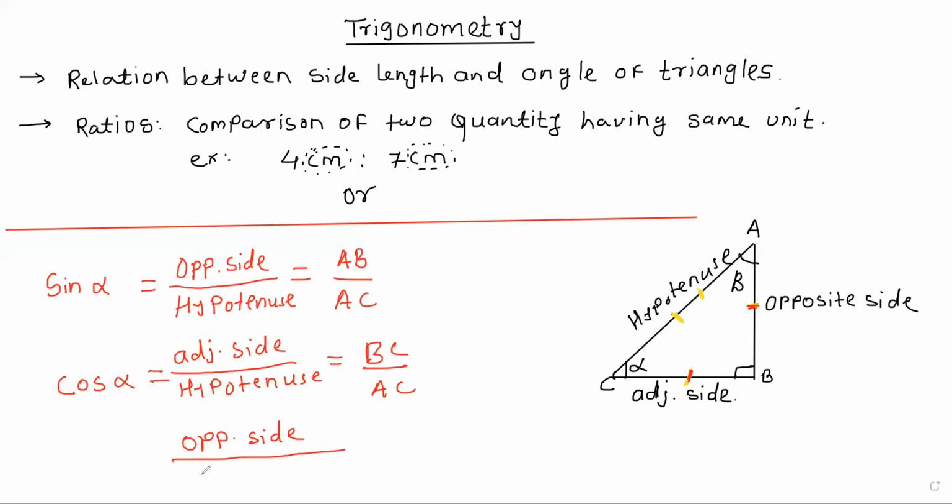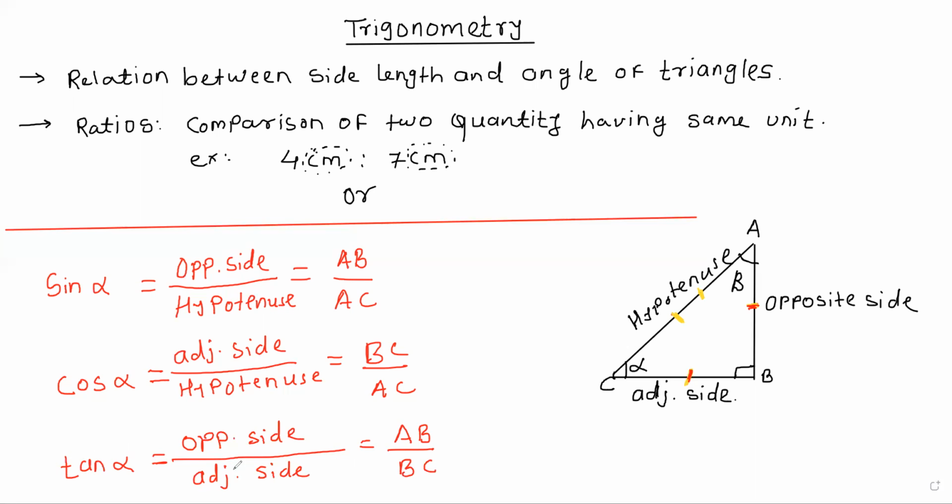This will become AB upon BC, and this ratio is given as tan alpha.